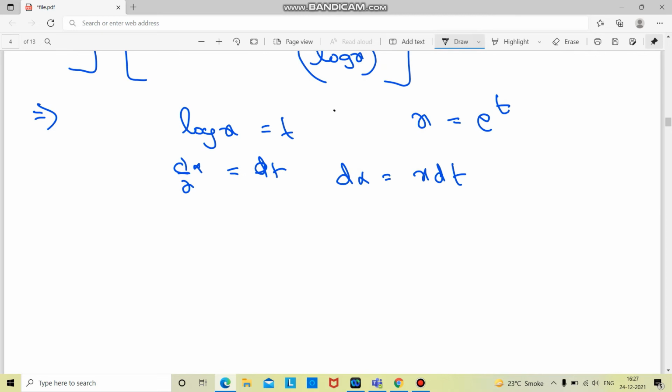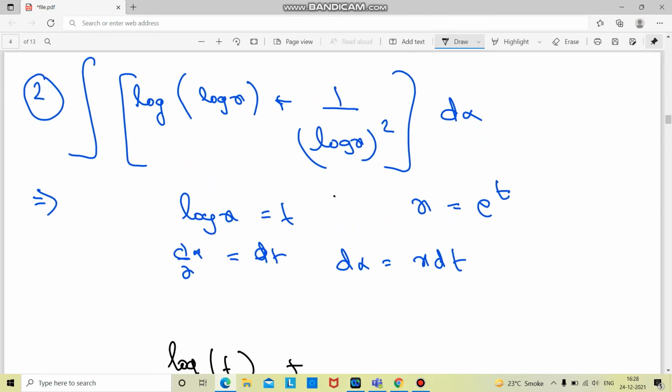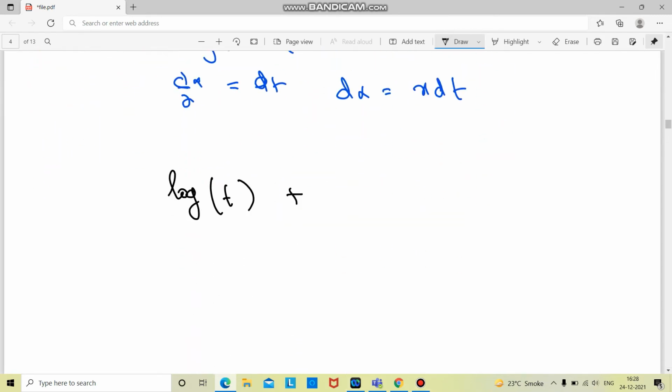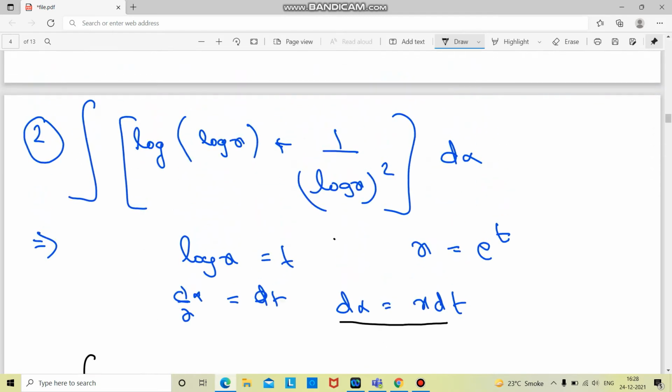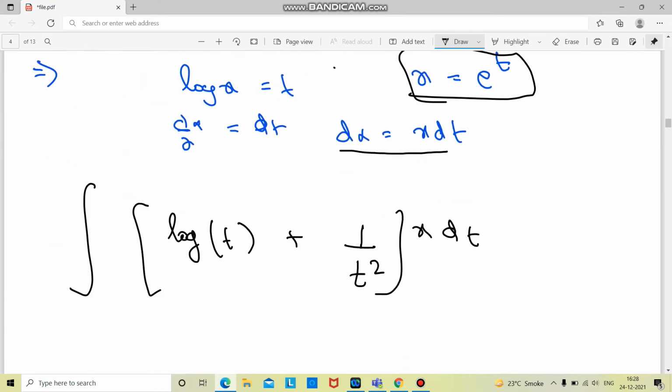Now we can proceed. Integration of (log t plus 1 by t) squared, dx is x dt, into x dt. And we know that x is e to the power t.